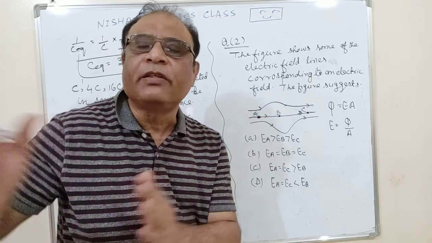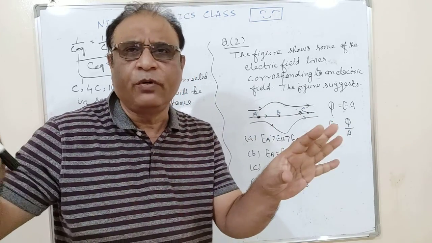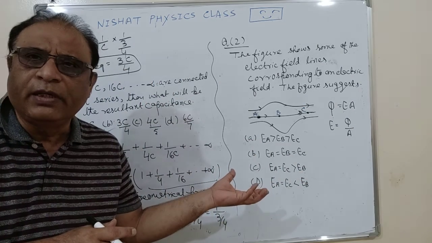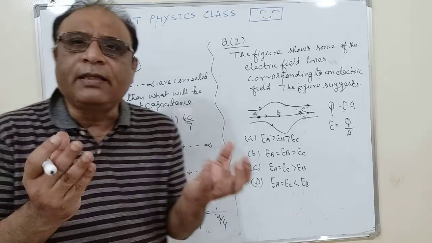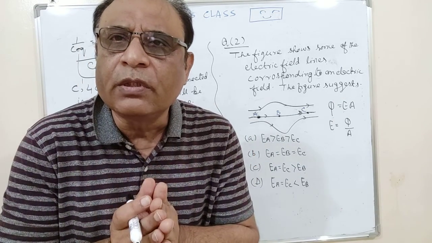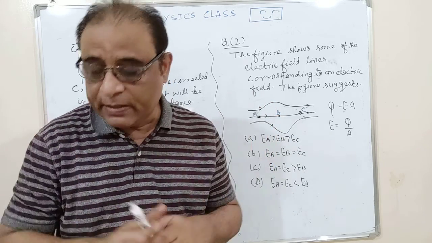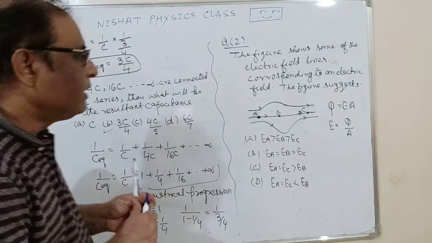The number of lines passing through that area. Simple definition. I am not going into the complication of the definition here because I am solving a multiple choice question. So flux is the number of lines of force passing through that area.